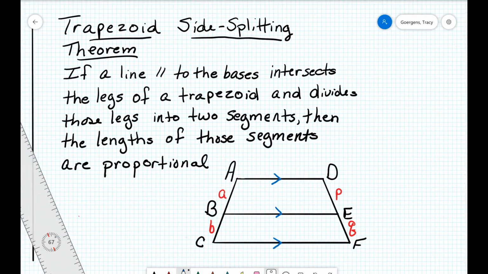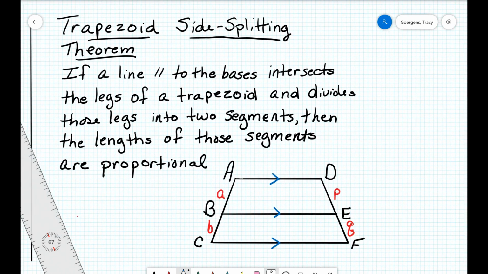The third theorem in here is the trapezoid side splitting theorem. So it's basically going from a triangle to a trapezoid. And this one is on page 777. All right.